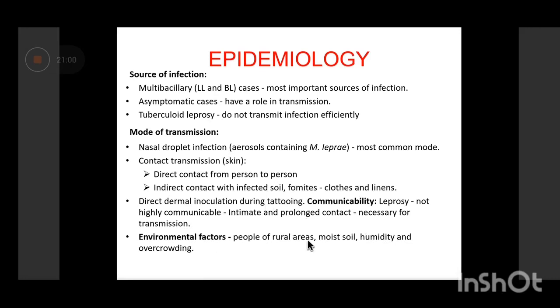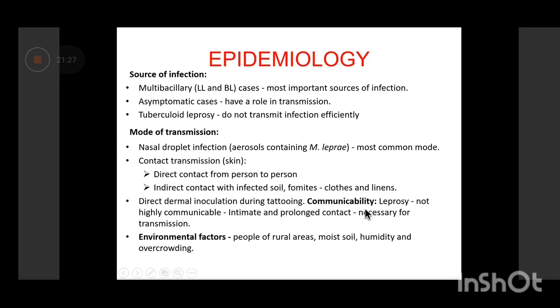One can get infection when there is direct contact of an infected person with another person, or also through indirect contact, that is with infected soil, fomites, clothes and linen. Apart from these, direct dermal inoculation can also occur during tattooing. So these are the modes of infection.